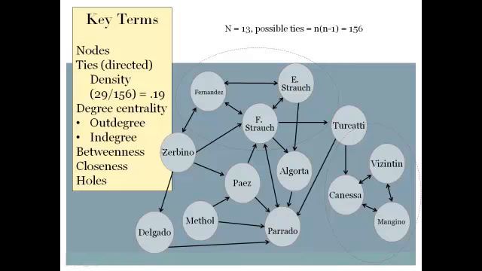Degree centrality is basically that some individuals have connections that go in both directions, both outward and inward. So F. Strauch here, for example, is connected to E. Strauch, his cousin. Back and forth communication here, like a friendship. Same thing with him and Fernandez.